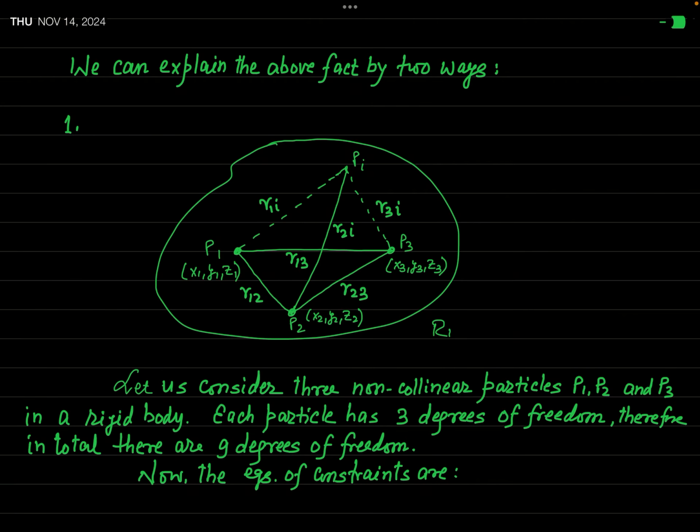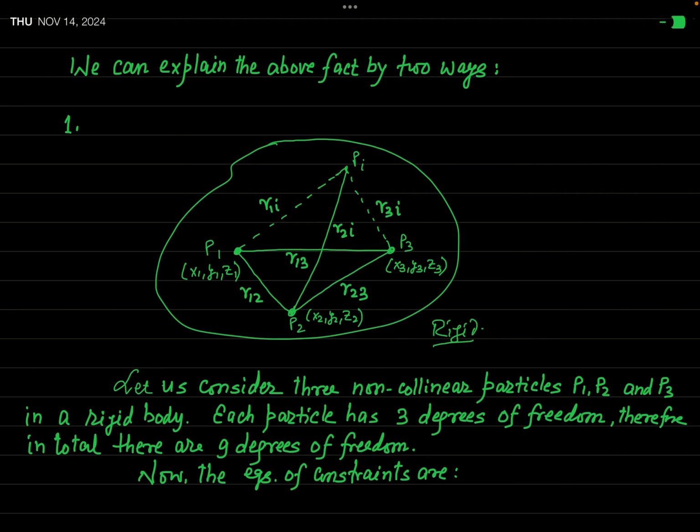This figure represents a rigid body, and we also consider that there are 3 non-collinear particles which I have marked by P1, P2 and P3. Here P1, P2, P3 are 3 particles and these are non-collinear. It means these 3 particles are not lying on the same line.